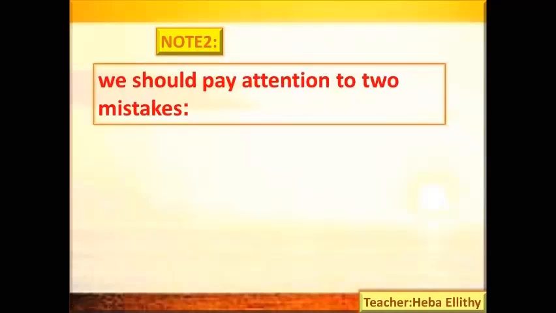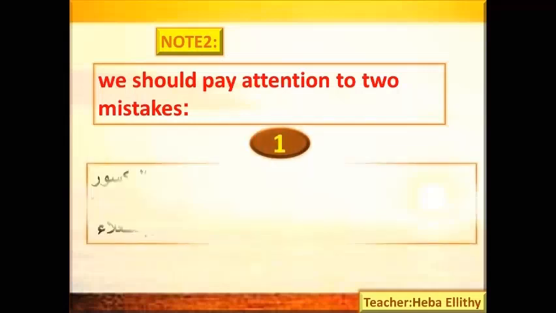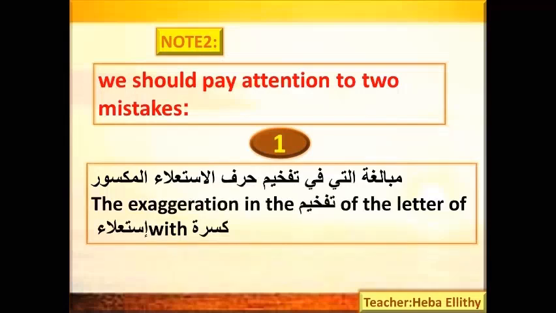Let's see note 2 here. We should pay attention to 2 mistakes that happen a lot. Number 1 is مبالغة التي في تفخيم حرف الاستعلاء المكسور, the exaggeration in the tafkheem of the letter of استعلاء with كسرة.